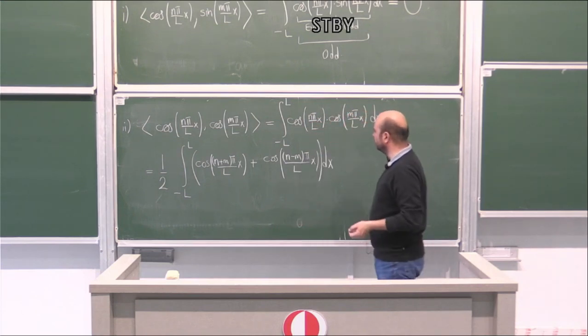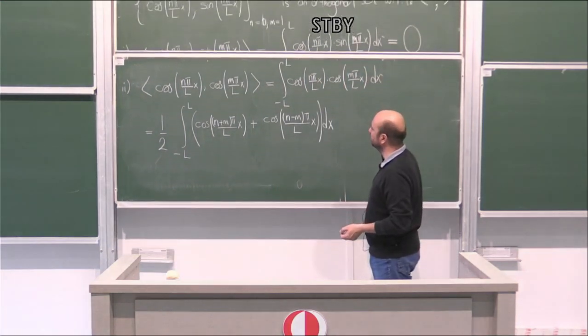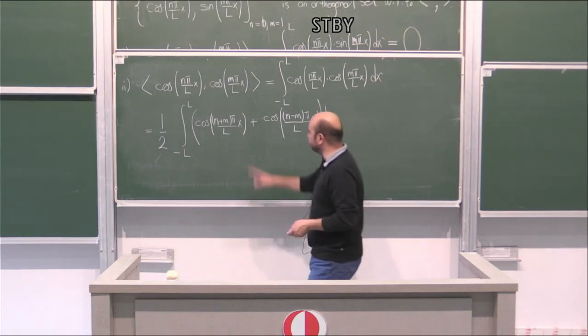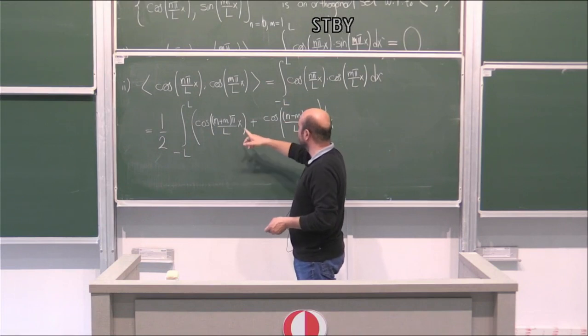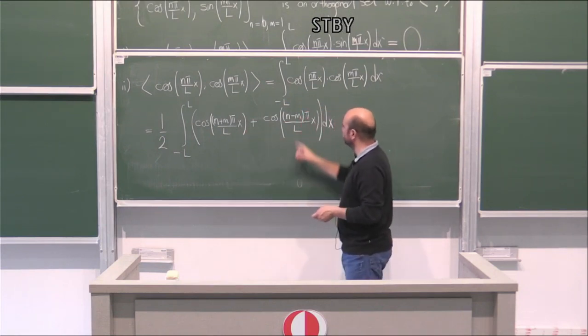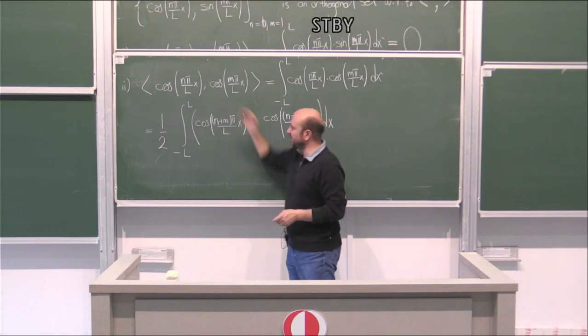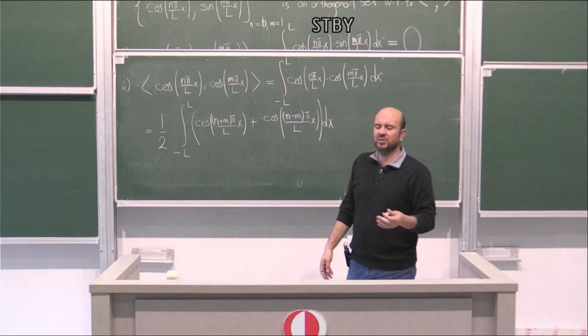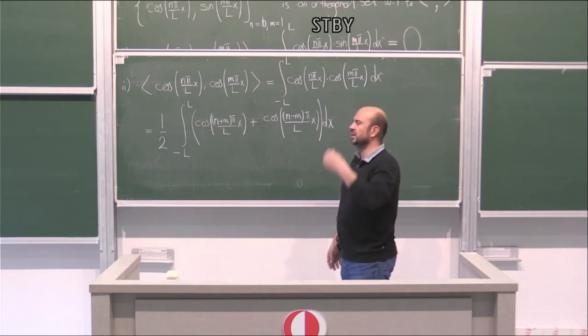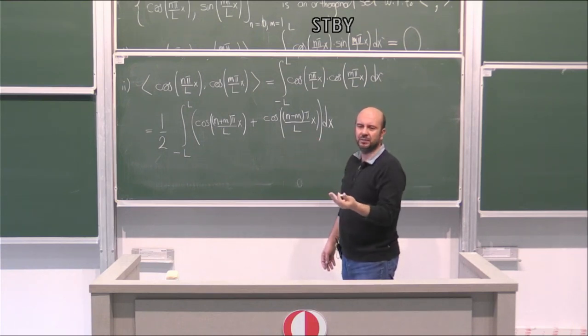Now, after this, what do we get? If n and m are positive, the only problem may occur when this is 0, because I know the antiderivative of cosine kx. What is the antiderivative of cosine kx? That is sine kx divided by k.